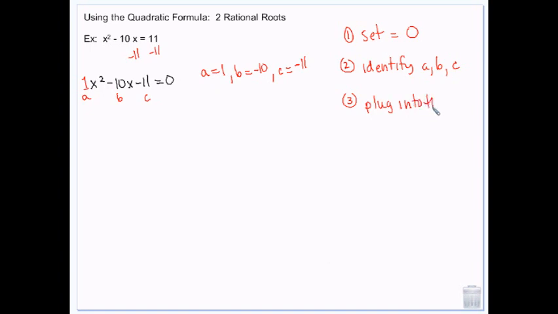Next, we plug into the formula. All right, so I'm going to write down the formula again. X equals negative b plus or minus the square root of b squared minus 4ac over 2a. Okay, negative b. Well, b was negative 10, so I have a negative negative.